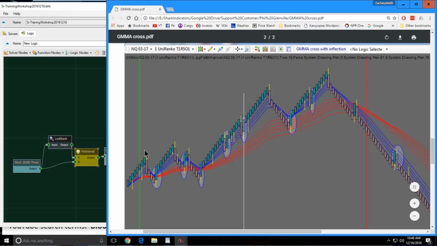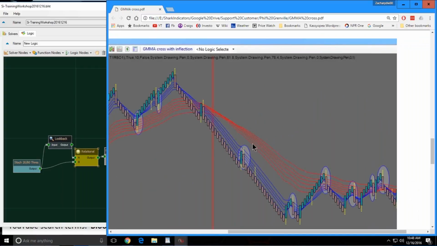So over here, the green racing stripe that we see on the chart is identifying that the GMMA has crossed up, and so therefore we're looking for when the price of the bars has crossed above, I guess, the highest blue plot of the GMMA indicator there.